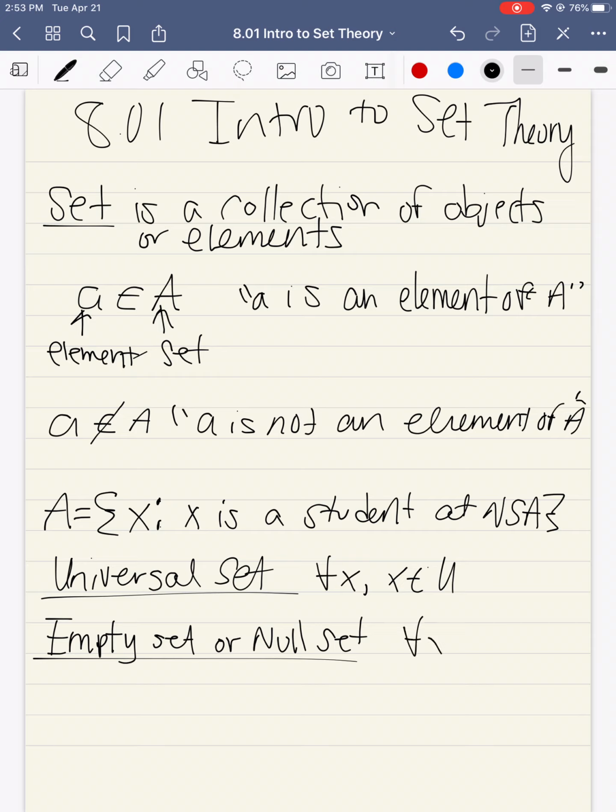So that means for all x, x does not belong to the null set. Everything is in U, but nothing is in the null set. So these two are the extremes of mathematics, where everything belongs to the universal set and nothing belongs to the null set. Next we can define the sets of explicit values.